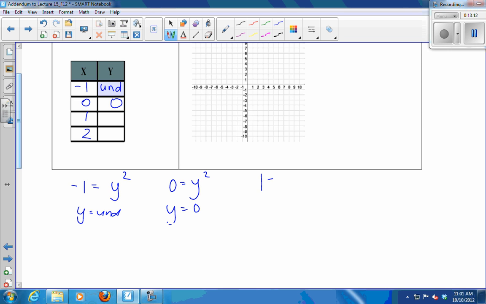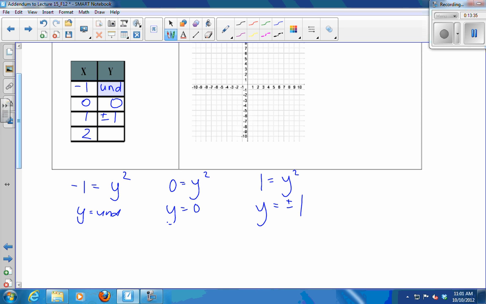And if I replace x with a 1, what do I get for y? Plus or minus 1. Two outputs. One input, 1, and I got two outputs, positive and -1. Okay.